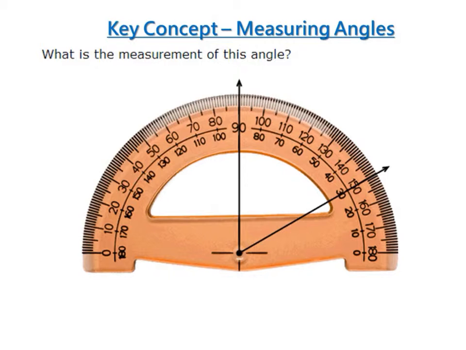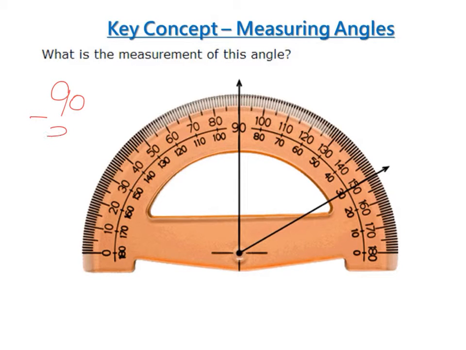Sometimes I'll have an angle that doesn't lie on a 0 line, but it falls between two numbers. It really doesn't matter which numbers you use. You're going to take the bigger number minus the little number. I'm going to take 90 minus 30, which is 60 degrees.